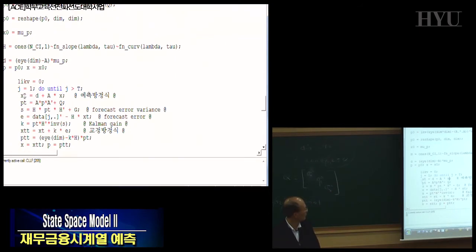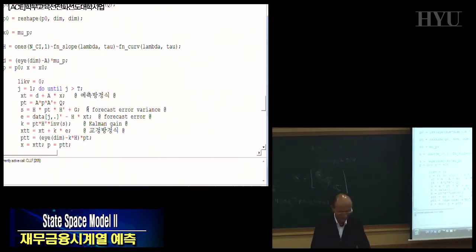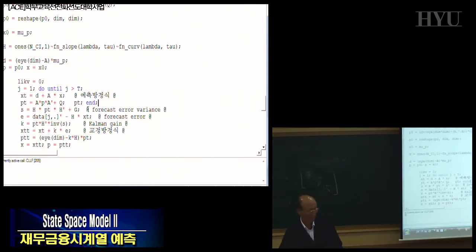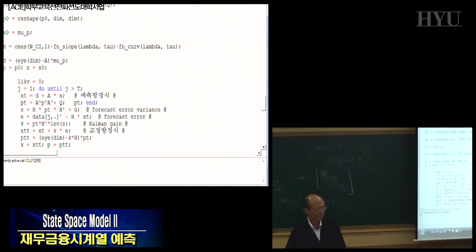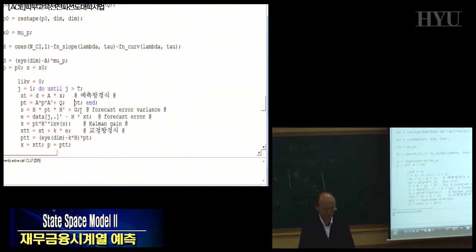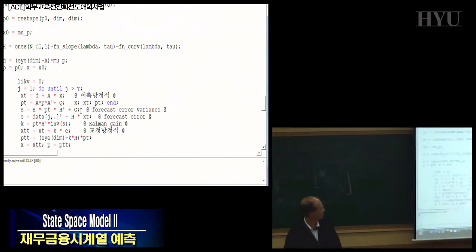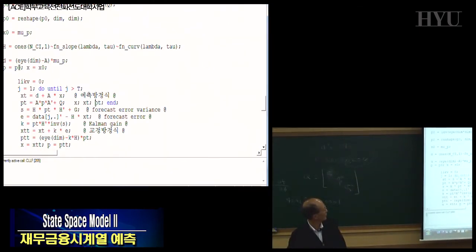Because it's 3 by 1, and this is its covariance matrix, so it has to be 3 by 3. So shall we take a look at PT? Let's take a look at X, XT, and PT. Okay. X is the one you initialized. So X, you want to take a look at what's the new value, predicted value, right?